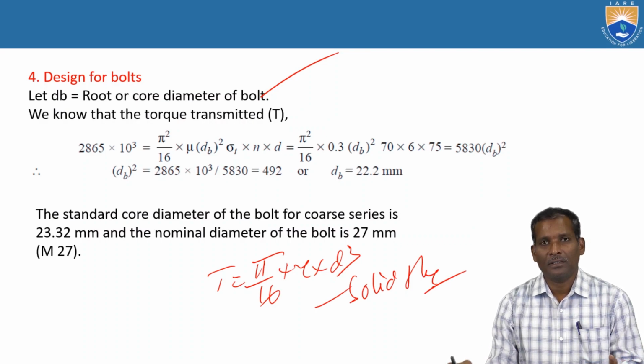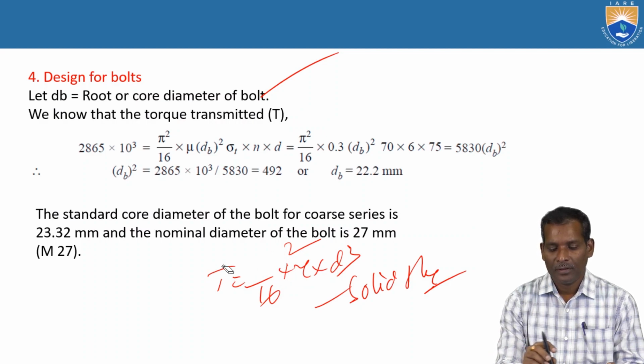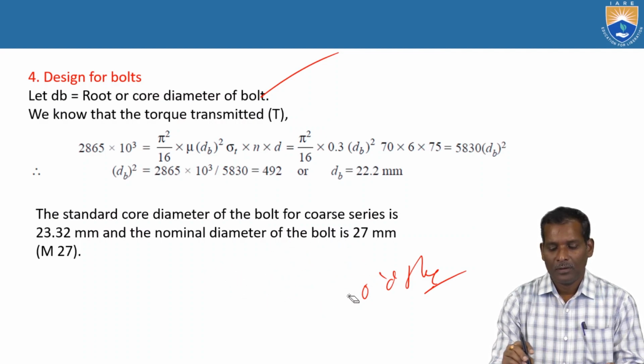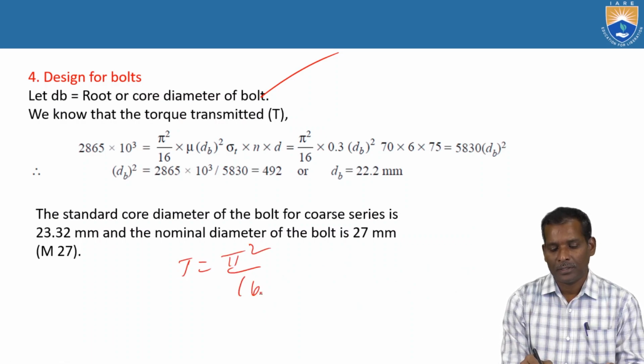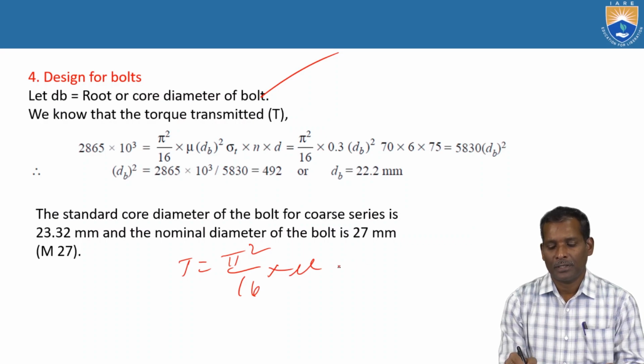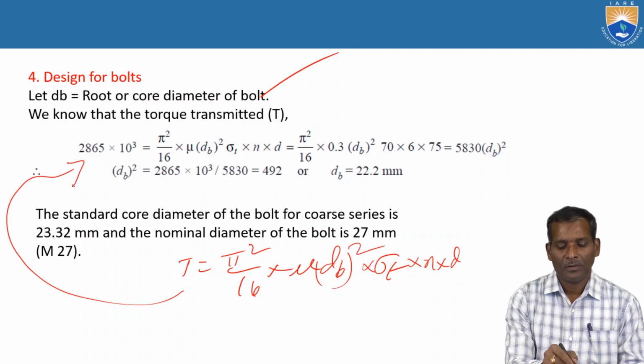But in the bolt case, the torque transmitted is T equal to pi squared by 16 into mu, the coefficient of friction, into dB squared, the root diameter of the bolt squared, into the tensile stress, into the number of bolts and the diameter of the shaft.